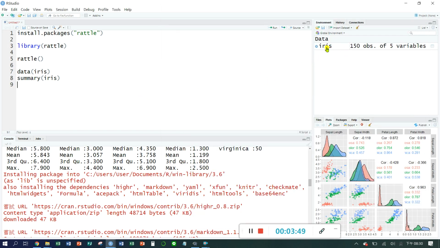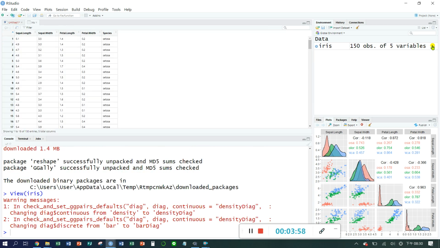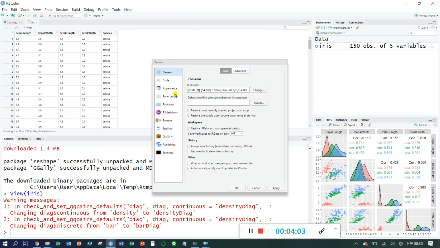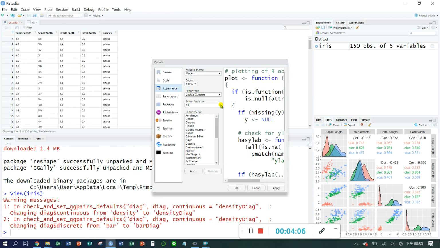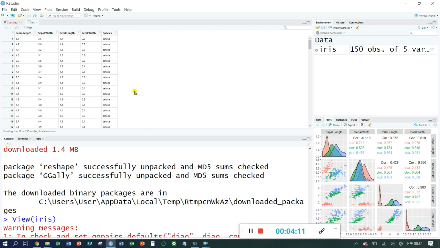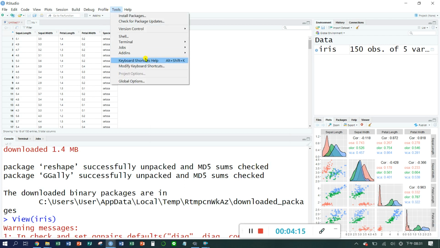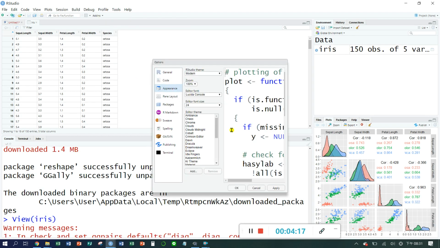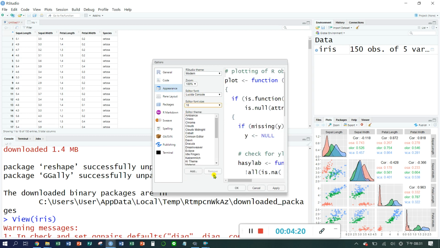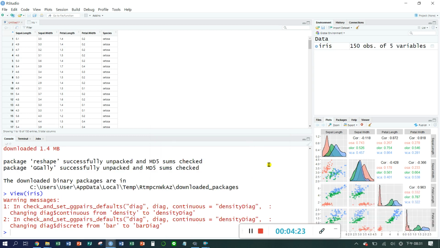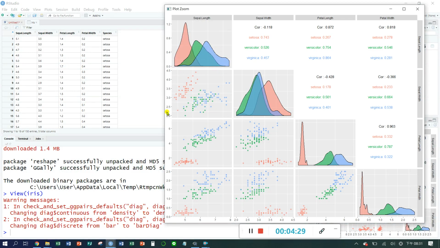Okay, so let us go back to the iris dataset here, and you can see the content in the iris. Okay, so how does the computer draw this diagram?